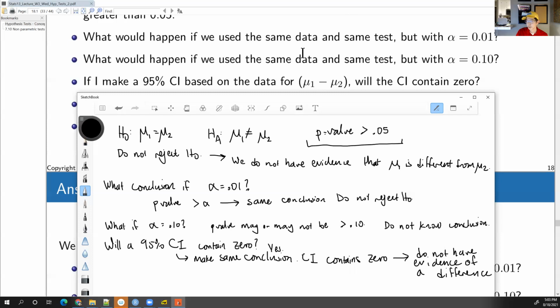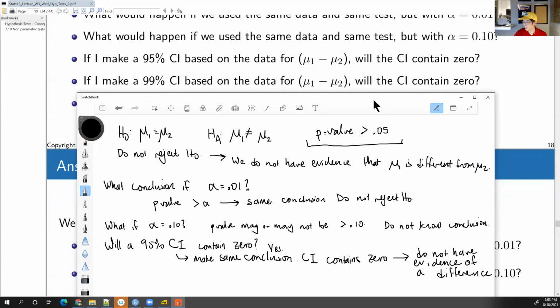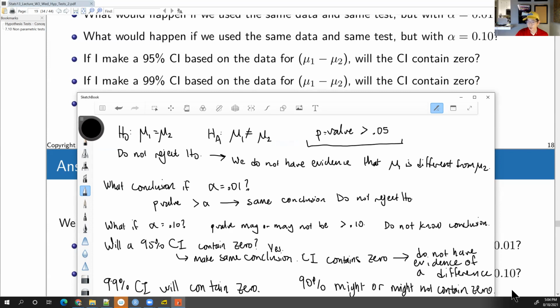Okay. This is good with everybody? All right, and so a 99% confidence interval will contain 0 also, because it corresponds to the 1% alpha, whereas a 90% confidence interval might or might not contain 0.